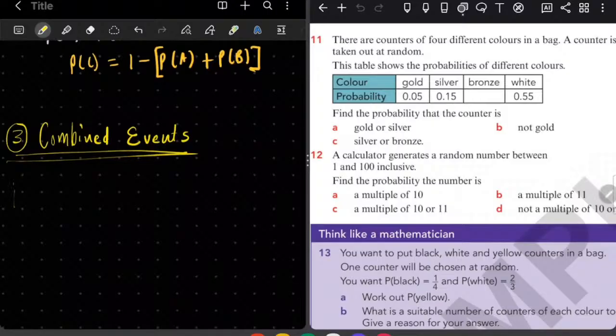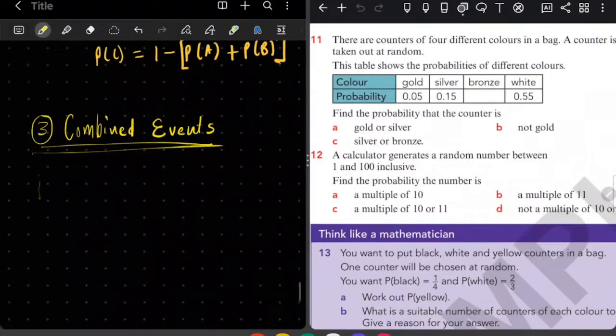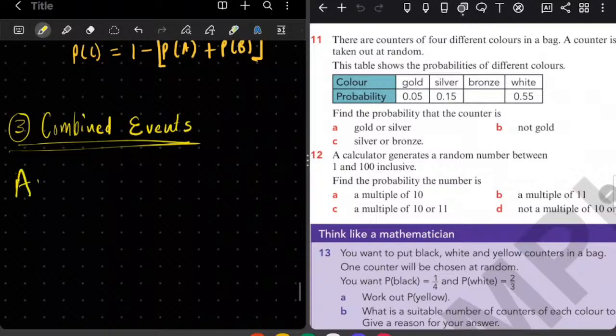When we use the word both, so let's put it here. When we use the word and in our questions, we are going to multiply the probabilities. So when you use the word and, you are going to multiply the probabilities.